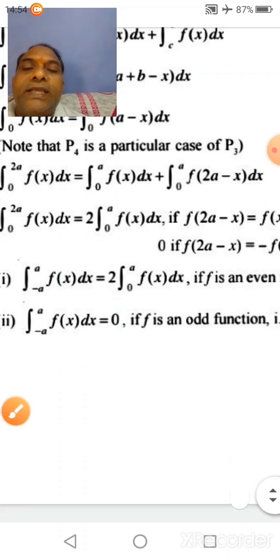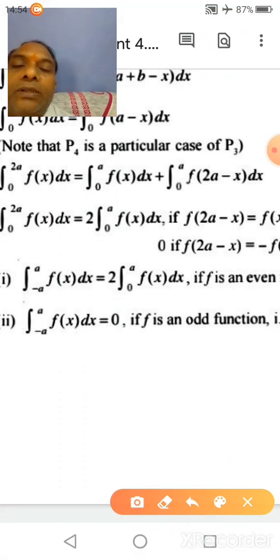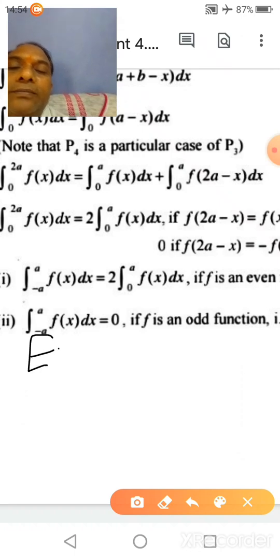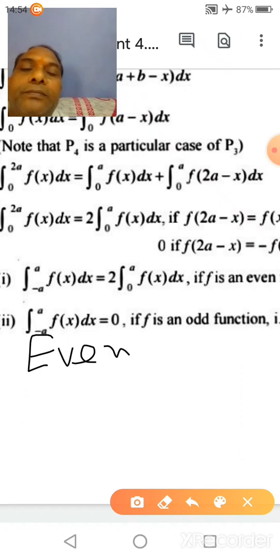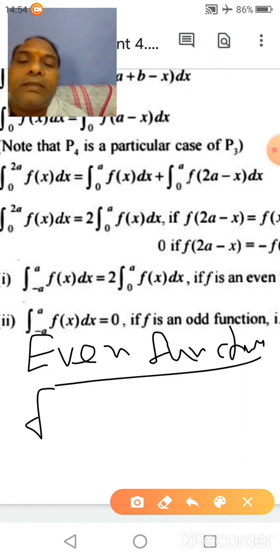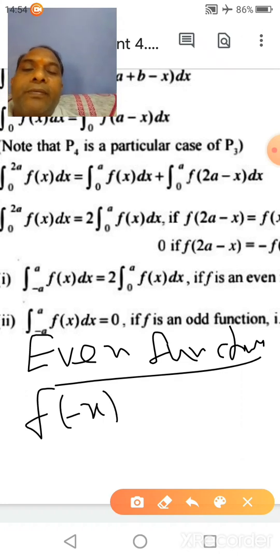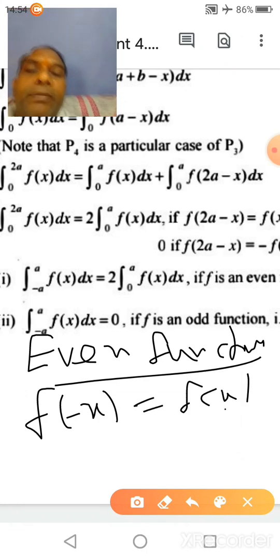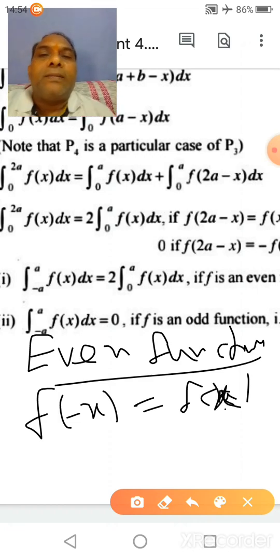So see here, even functions: f(x) will be an even function if f(minus x) is equal to f(x). You have to remember, f(x) will be an even function if f(minus x) is equal to f(x).